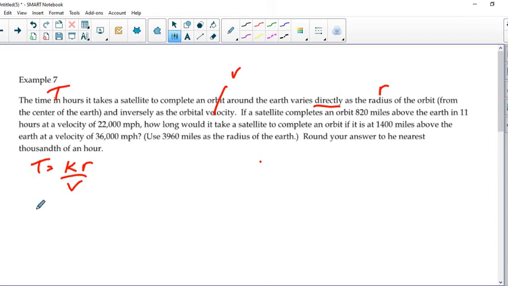So if a satellite completes an orbit 820 miles above the Earth in 11 hours, so our time is 11, 820 plus 3960, because that's the radius of the Earth plus 820 miles above, so the orbit is above the Earth, all divided by 22,000.